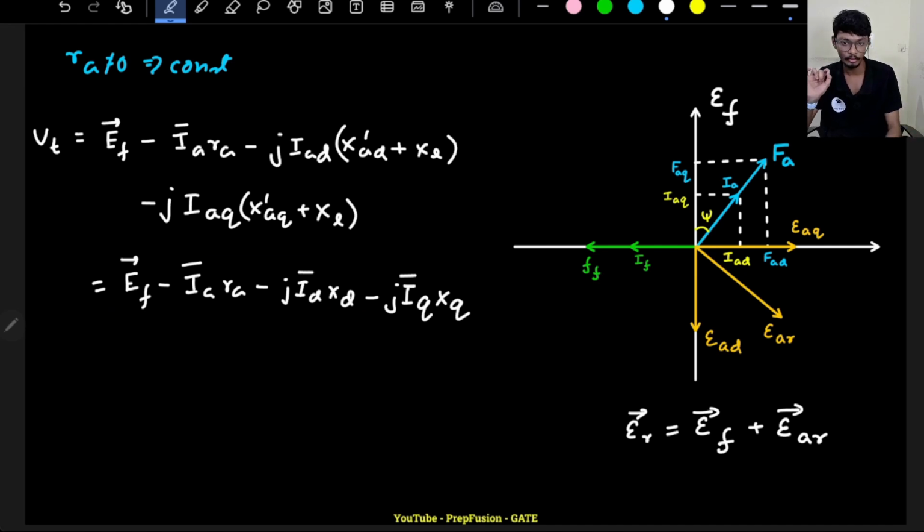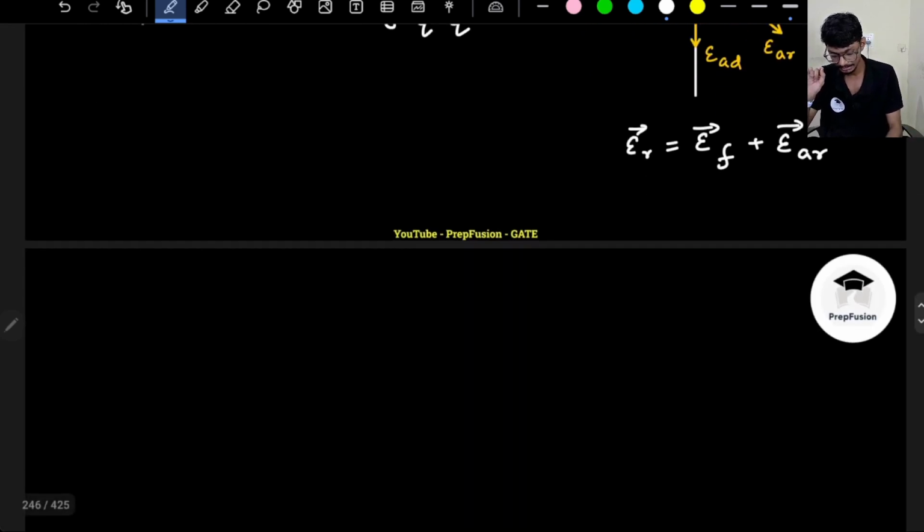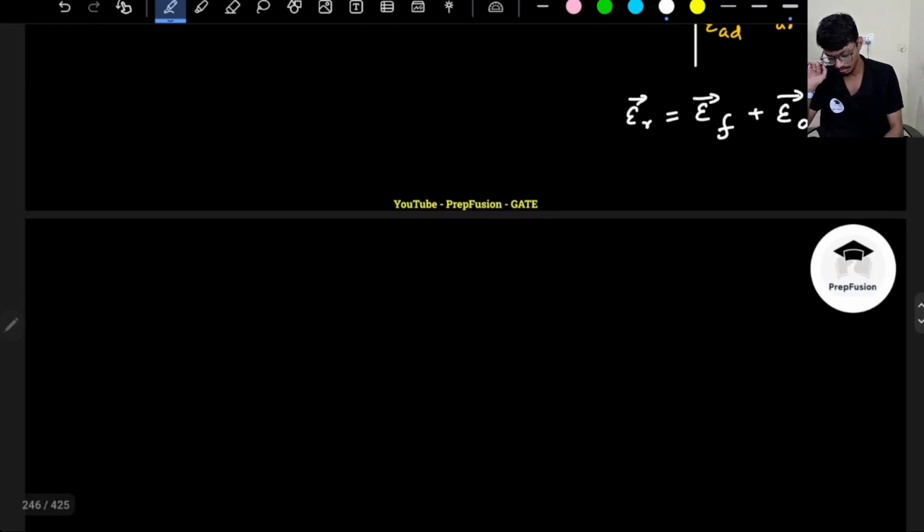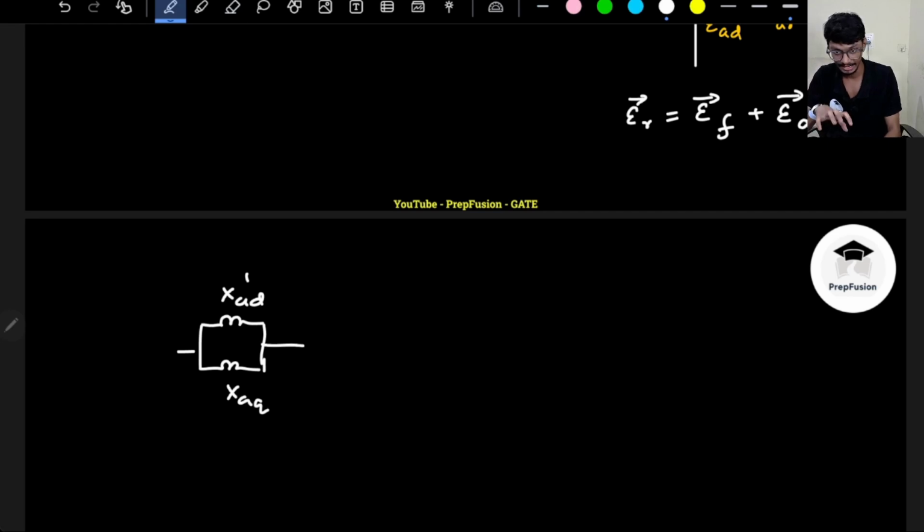One key point is, if I'm not drawing the equivalent circuit here, I will have two reactances. One will be XAD dash, another will be XAQ dash, right? And actually they are not parallel. In real life they are not parallel, I'm just representing them.